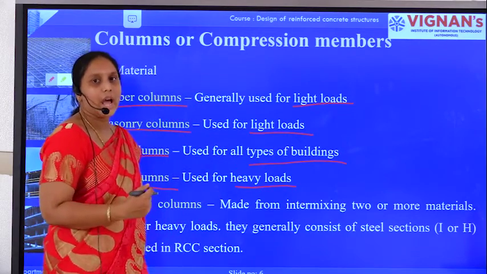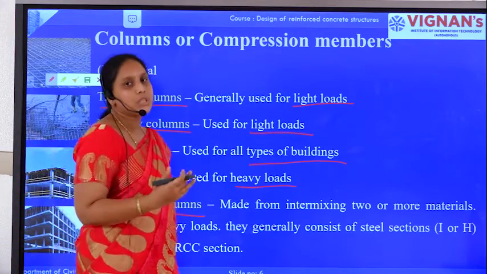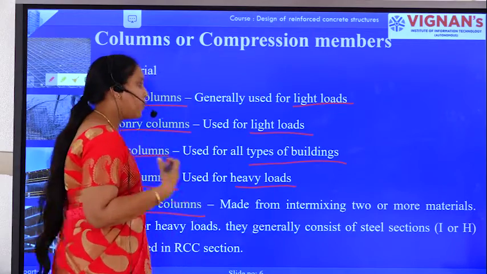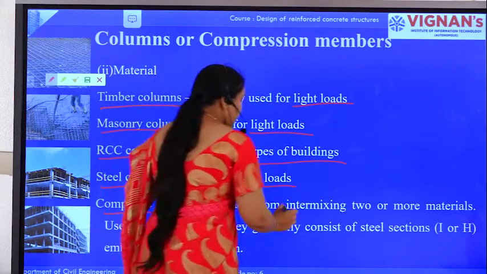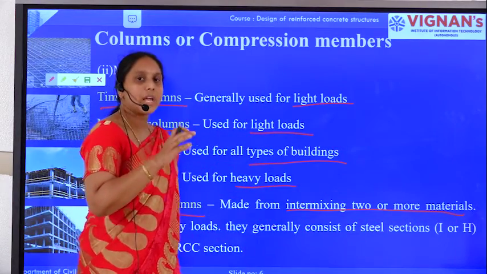And then finally we have composite columns, and these composite columns are made of steel as well as RCC. There is a mixing of two or more materials, and that is the reason why the name came as composite.